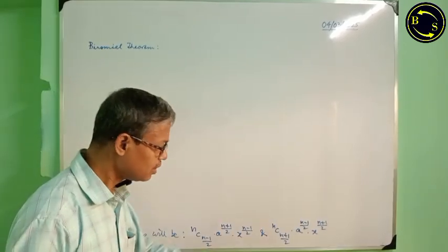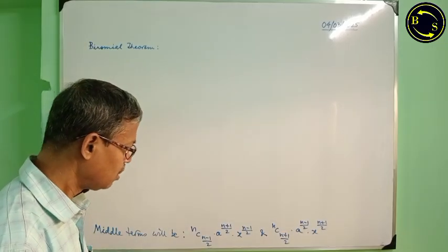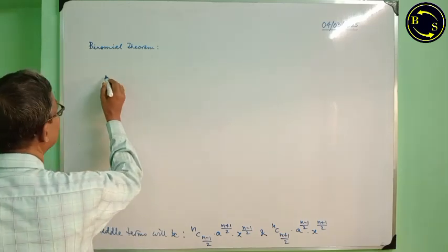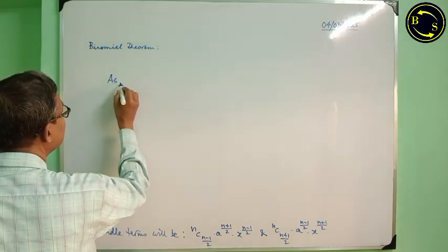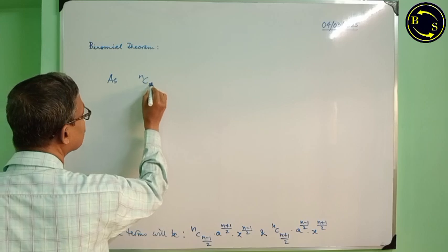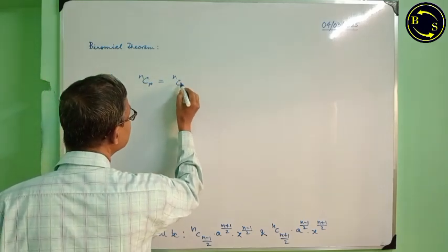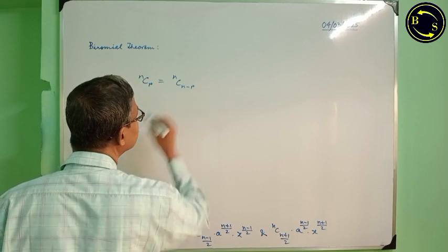Apparently, these are unequal, but we know nCr is equal to nC(n minus r).